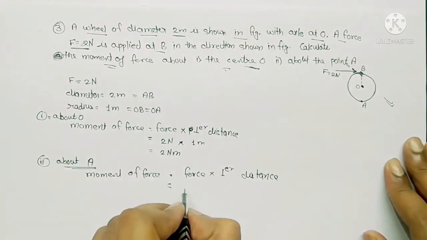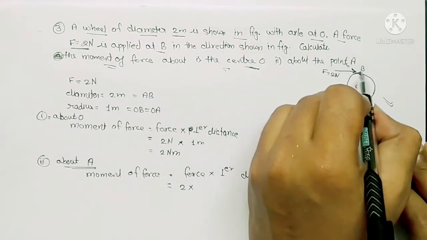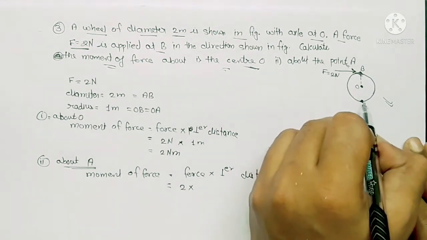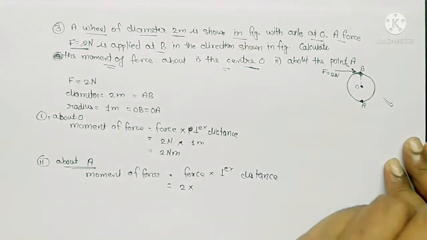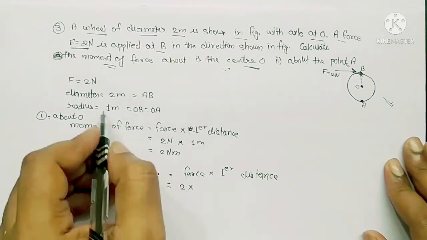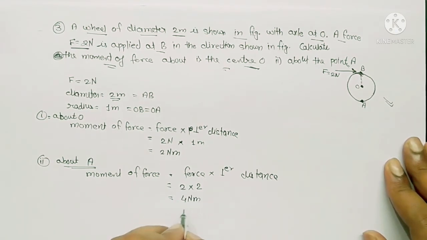Now force is same, that is 2. And distance of that point from the application of force: this is the point where we are applying the force and this is the point about which we have to find out the moment of force. So the distance between these two will be simply the diameter, and diameter in this case is 2 meter. So multiply 2 into 2, that will give you 4 Newton meter.